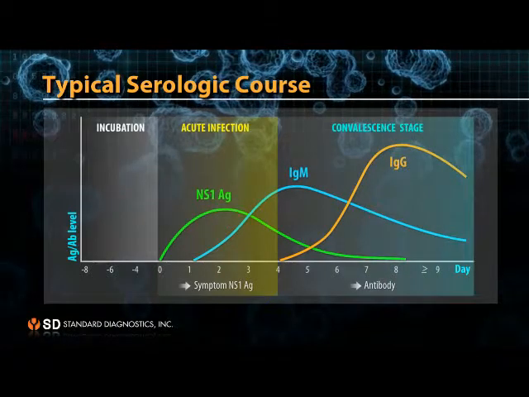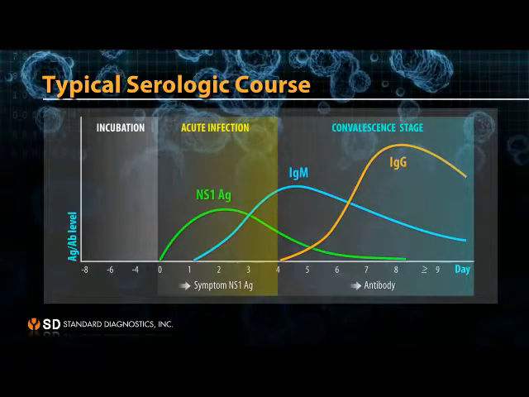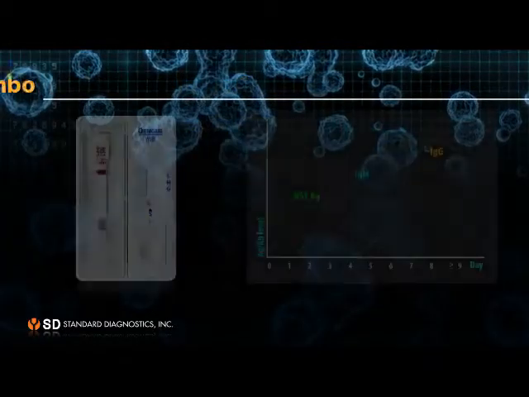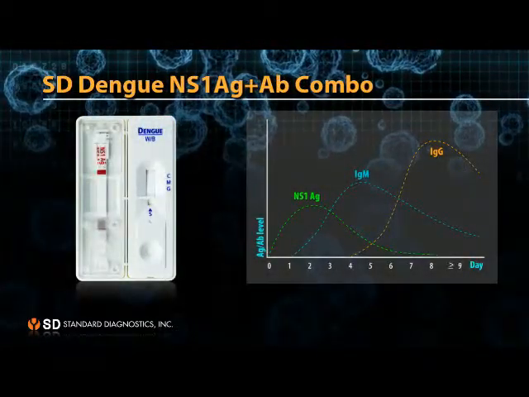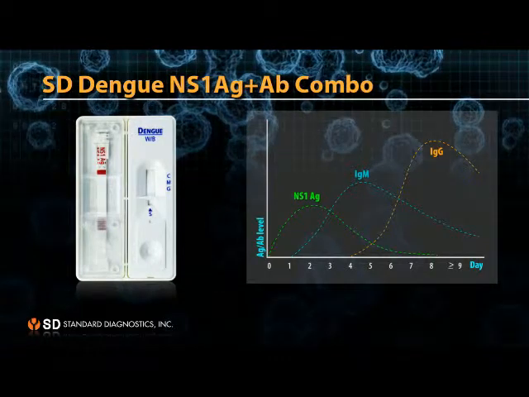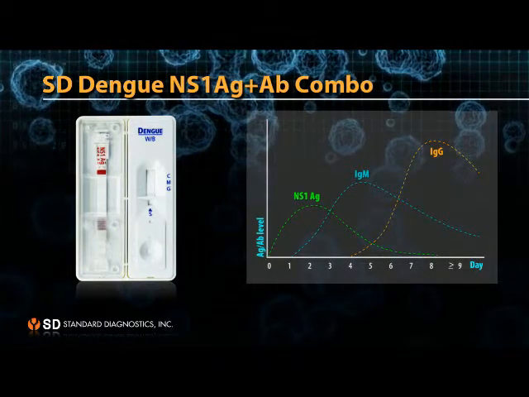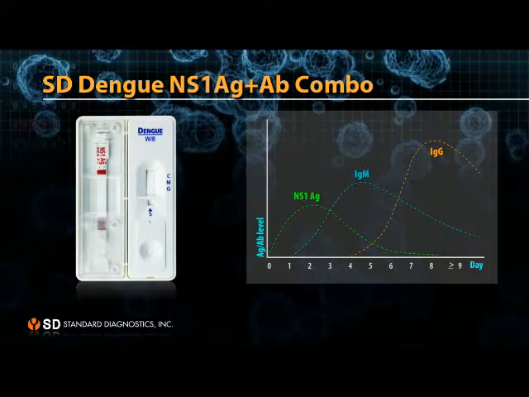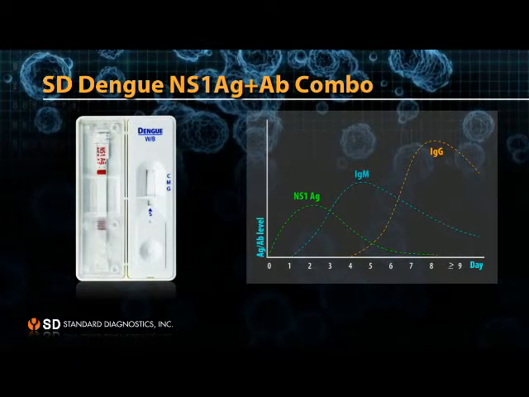This immune response must be considered in the context of primary versus secondary dengue infections. The Bioline Dengue Duo rapid test is designed to detect both dengue virus NS1 antigen and differential IgG-IgM antibodies to dengue virus.